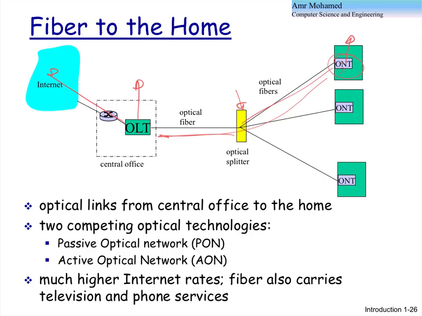Now this optical splitter, we'll talk about two different architectures for it. There is what we call passive optical network or active optical network. What is the difference between the two? Mainly it is in this optical splitter. Passive optical network means that this optical splitter is essentially like a hub.